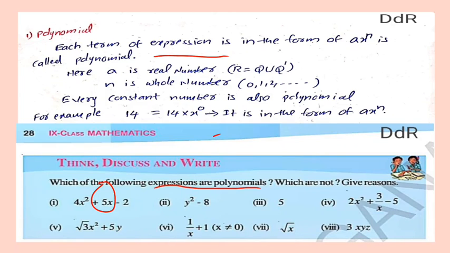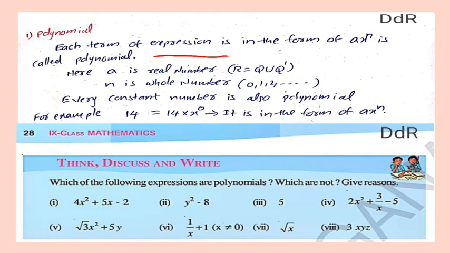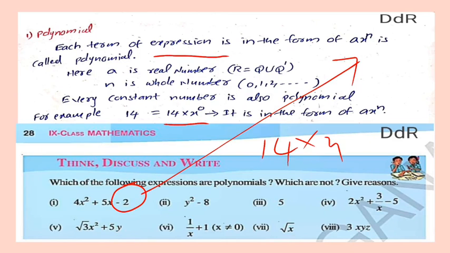Next, the second term 5x. See here, 5x can be written as 5 into x to the power of 1. Now it is in the form of ax to the power of n. So here 1 is a whole number, 5 is a real number. Next, the third term is minus 2. See here, minus 2 is also in the form of ax to the power of n, because just now I explained 14 into x to the power of 0.